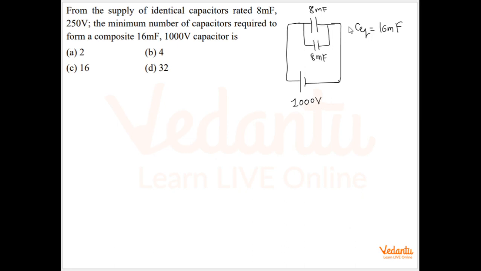Now in this case beta, it will clearly break, because when connecting to a 1000 volt battery like this, potential difference across both the capacitors will be 1000 and 1000 volts. Both the capacitors will break down beta, and our composite will not work. So this is wrong. So what can we do beta? How can we just use this capacitor to get the limit up to 1000 volt beta?